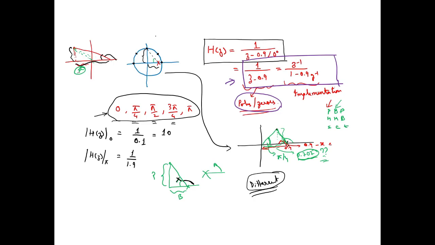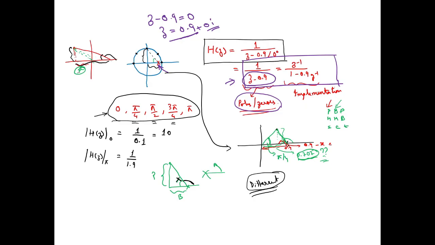In the denominator we have z minus 0.9 equals 0, so we get z equals 0.9. Roots of the denominator denote the position of the poles, so we have a pole at 0.9, no complex numbers, that means on the real axis.